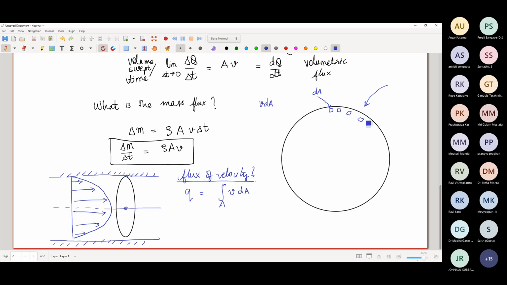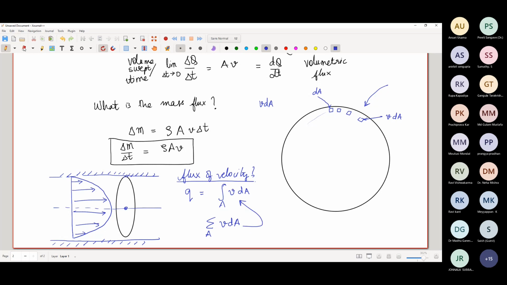Then the flux through this will be again V times dA. So then I have to sum over all the V times dA, over all such small areas. And when the dAs are very small, we know that the summation is equivalent to an integration. So that is why it becomes an integration.